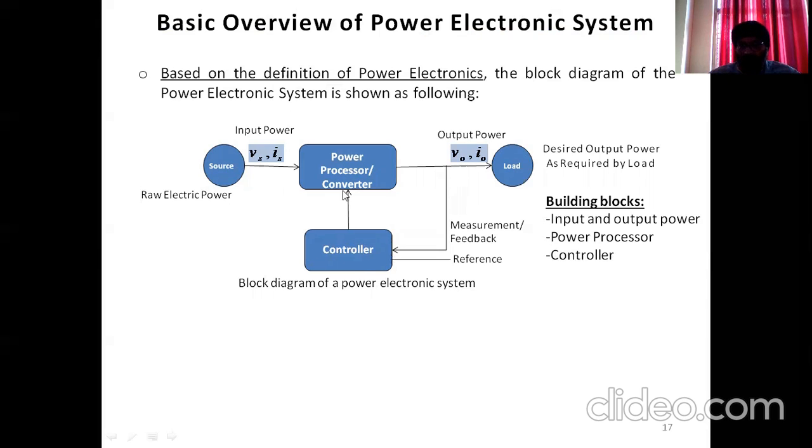It controls the values of inputs and gives us the variable output. Like in the previous slide, we saw alpha. Very simply, it controls the angle alpha, and based on changes in angle alpha, we get a change in output at the load.